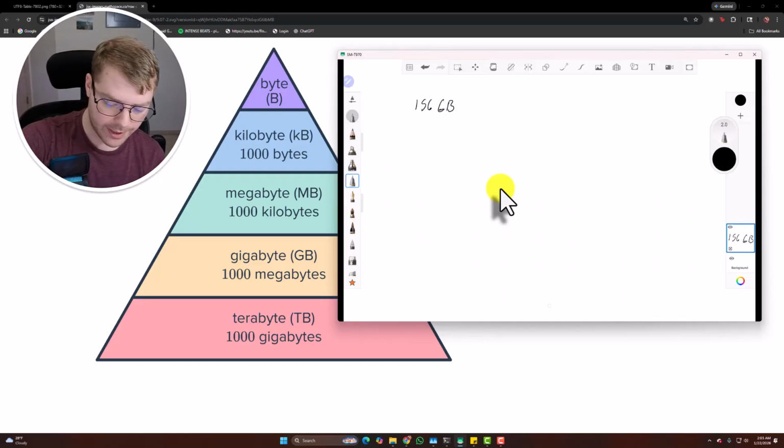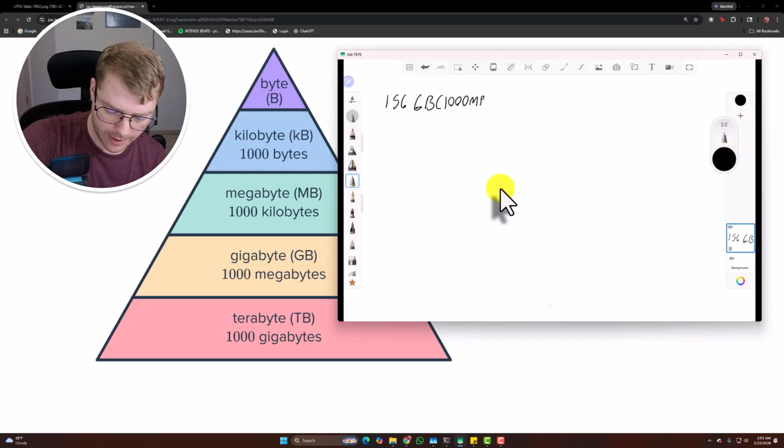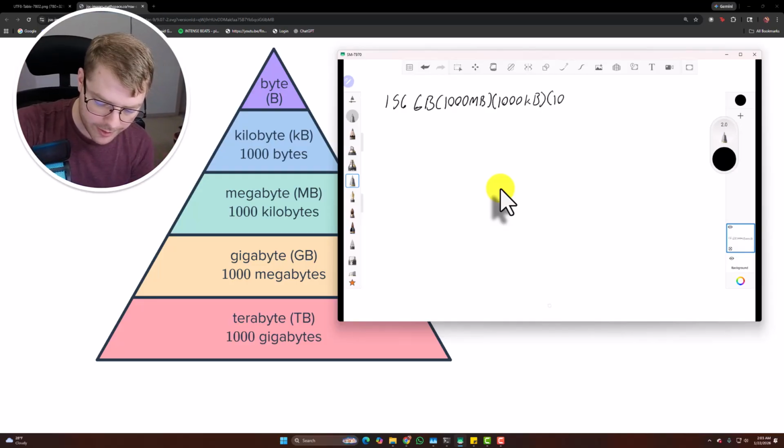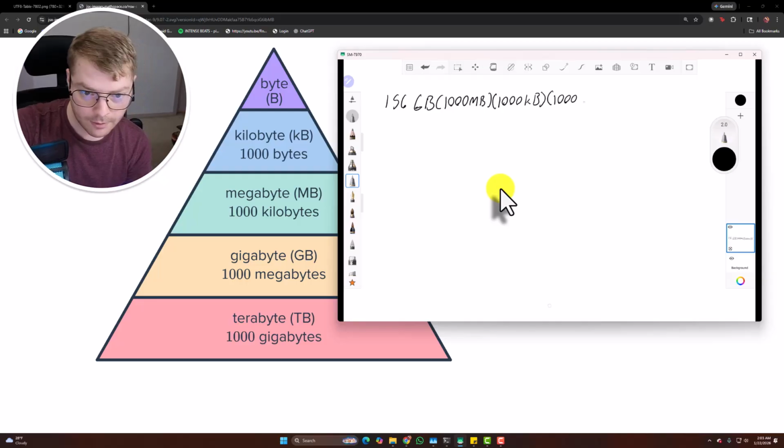Well, what we do is we take 156 gigabytes, and we know that there are 1,000 megabytes in there. And then we know there's 1,000 kilobytes in there. And then we know there's 1,000 bytes.